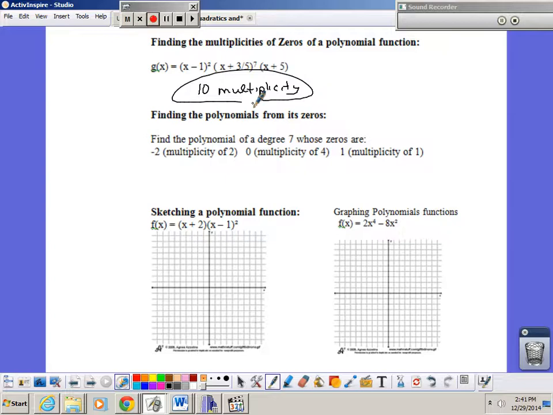Now, if you want to write your own, remember, this has a multiplicity of 2 at x equals -2. So x, bring that over, plus 2 to the multiplicity of 2. X equals 0. So bring that over, I still have x to the multiplicity of 4. And x equals 1, bring that over, x minus 1 to the 1.